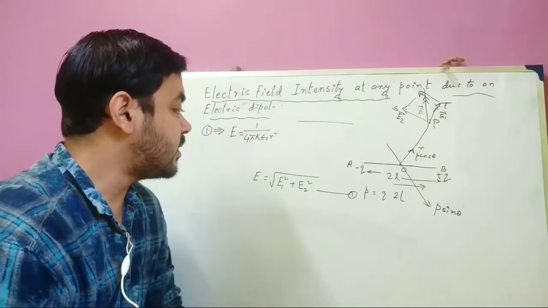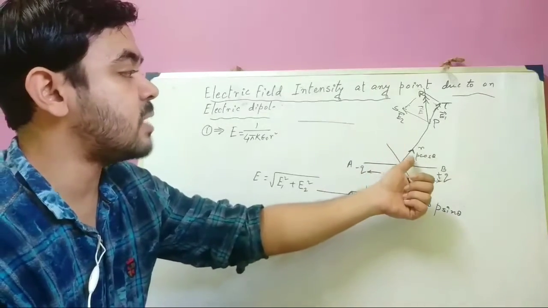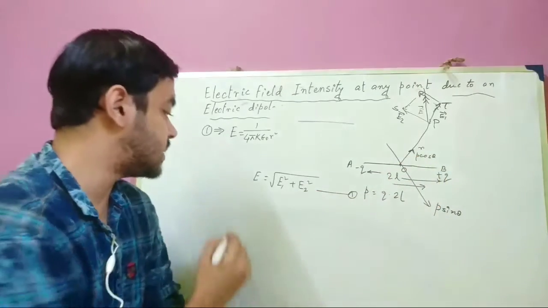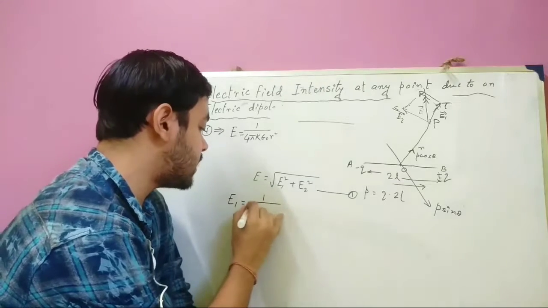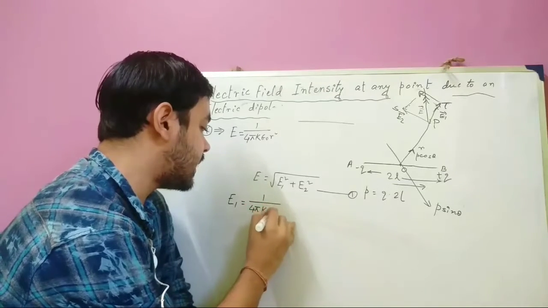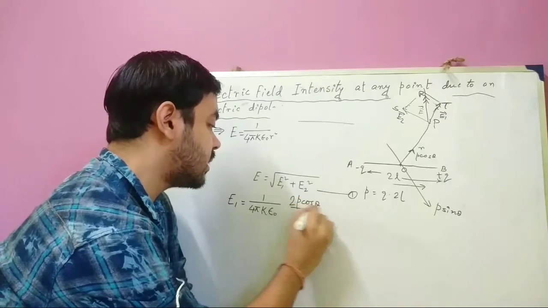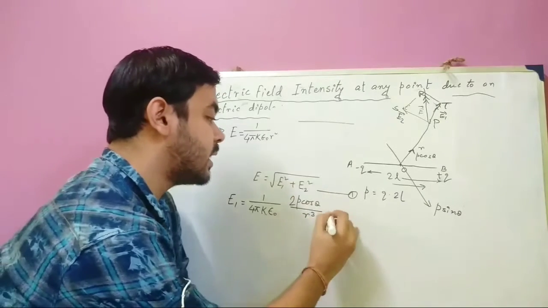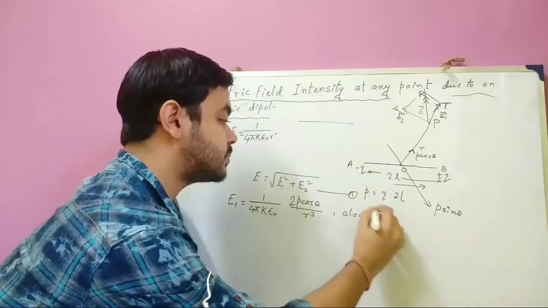Now, the electric field intensity at point P due to the dipole whose dipole moment is P cos theta is given by E1 is equal to 1 by 4 pi k epsilon 0 into 2p cos theta by r cube, and this is along PT.